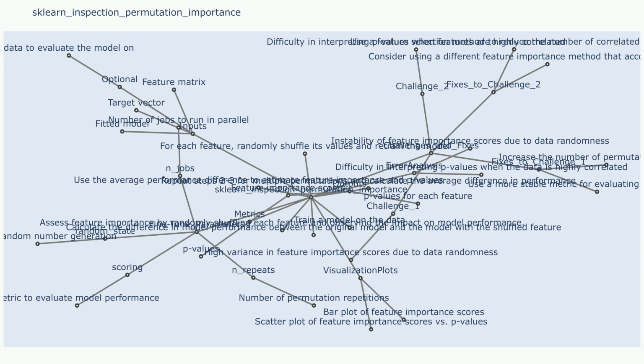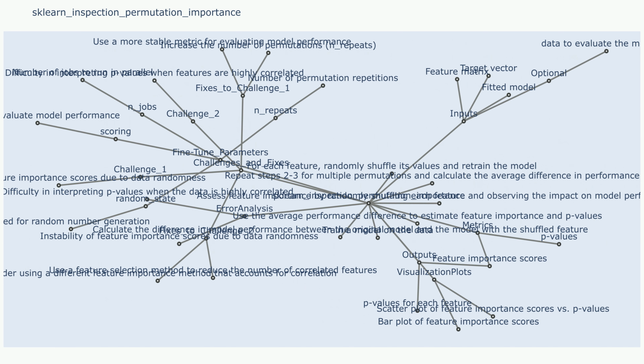Input 5. N repeats, the number of times the permutation process is repeated for each feature to obtain more robust results and estimate uncertainty. Input 6. N jobs, the number of CPU cores to use for parallel processing, which can accelerate the permutation process. Input 7.